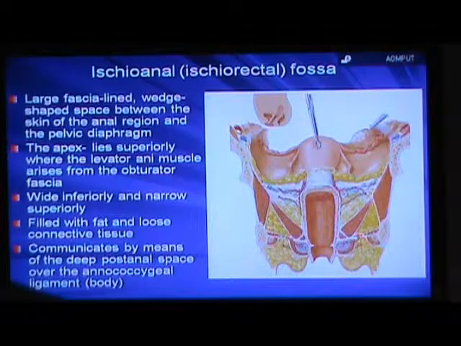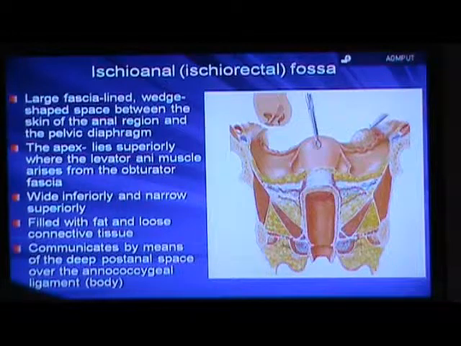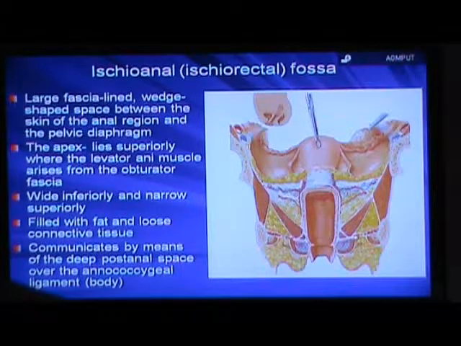The ischioanal or ischiorectal fossa, so both terms are correct. It's a large fascia-lined wedge-shaped space which is located between the skin of the anal region and the pelvic diaphragm.